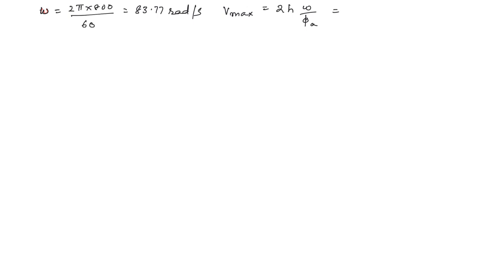That is equal to 2 into 0.03 into 83.77 divided by the angle of ascent, which is 120, multiplied by pi and divided by 180 to convert it into radians. So from that we will get Vmax equal to 2.4 meters per second during ascent of the follower.